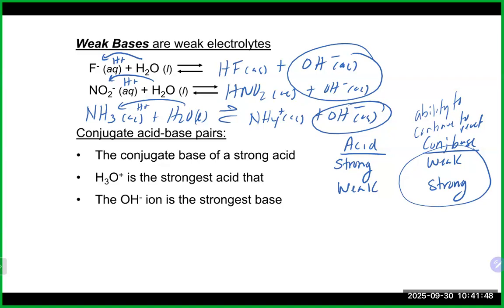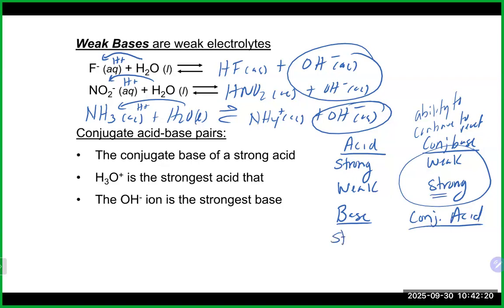But what it has the ability to do, which we'll talk a little bit more about later on in this chapter, is, for example, continue to react with water and produce either H plus or OH minus and affect the pH. So it has the ability to continue to react with water if it is strong. So this guy would have the ability to react with water and continue to affect the pH of that solution. Same thing with our bases and their conjugate acids.